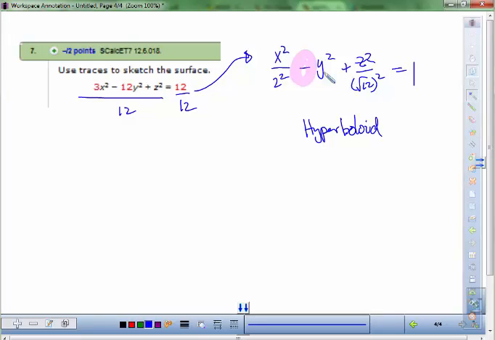But what you would do is figure out if this thing's going to intersect a particular plane. Because y is your negative axis, I would be interested to see what happens on the xz plane.